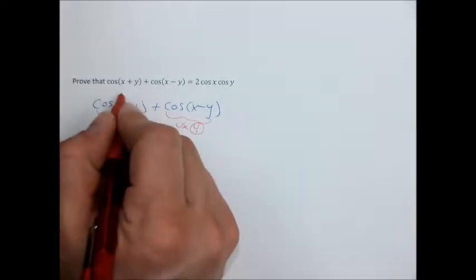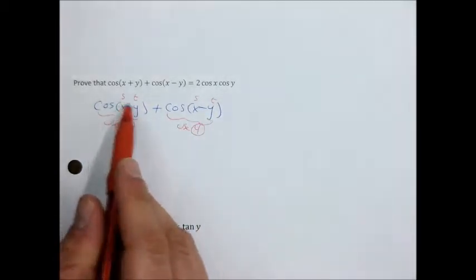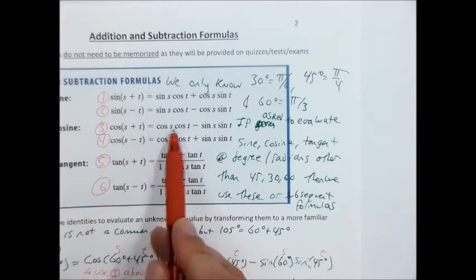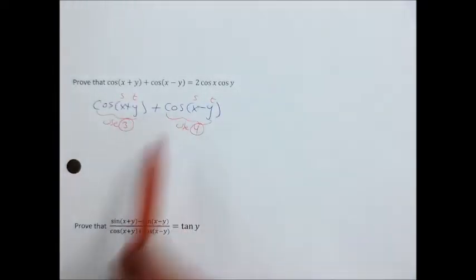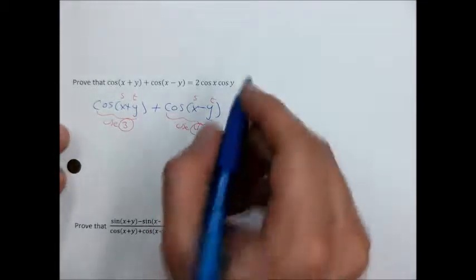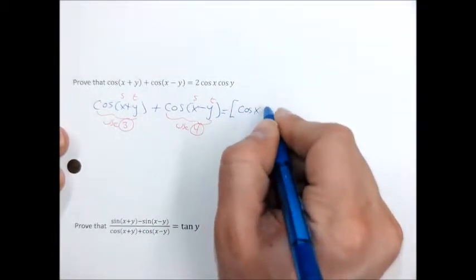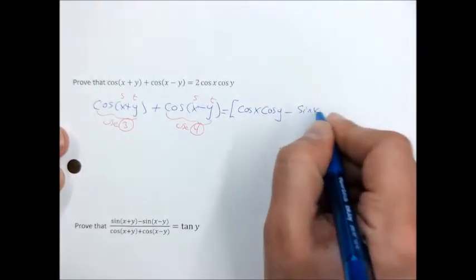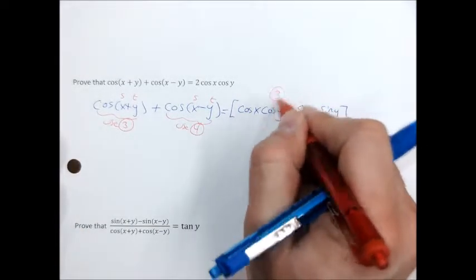And in 3 and 4, my s and t are both x and y. And so I'm going to use those two values, x and y, in these formulas, 3 and 4. All right, so I'm going to use those two with those two values, and it becomes this. We get cosine x cosine y minus sine x sine y. All right, that's number 3.